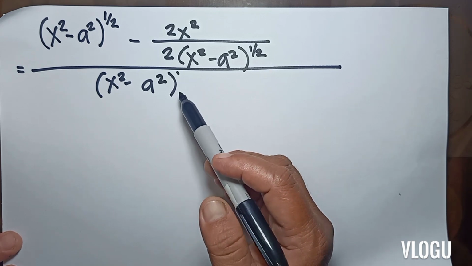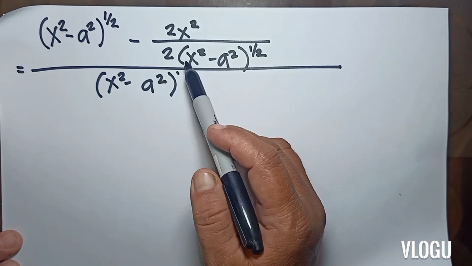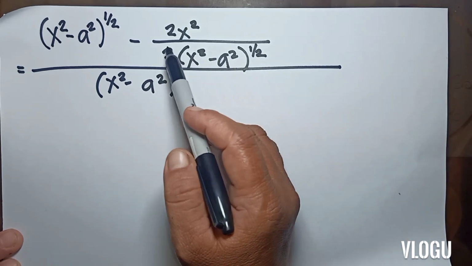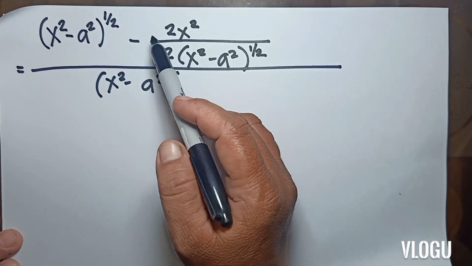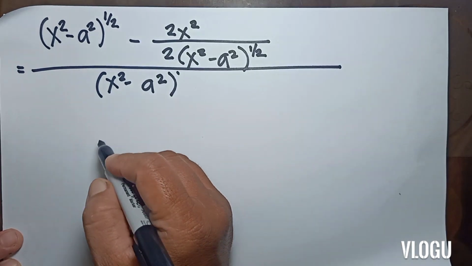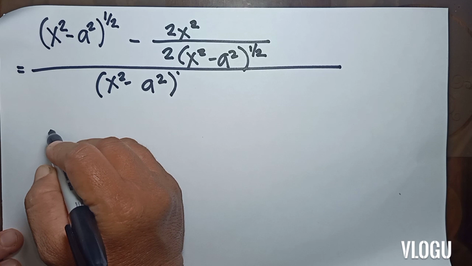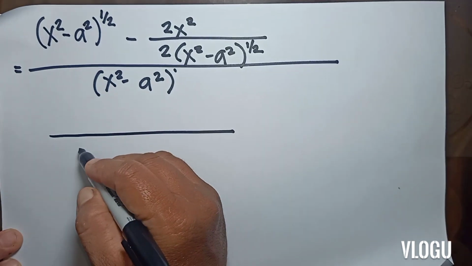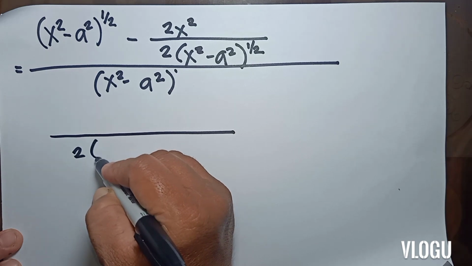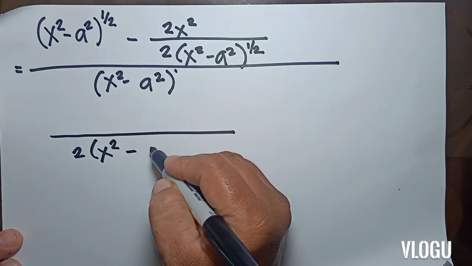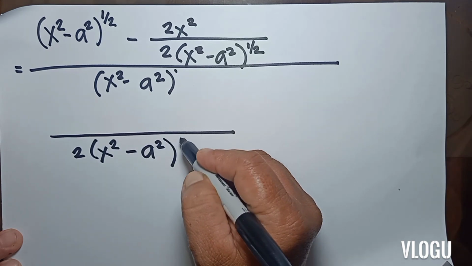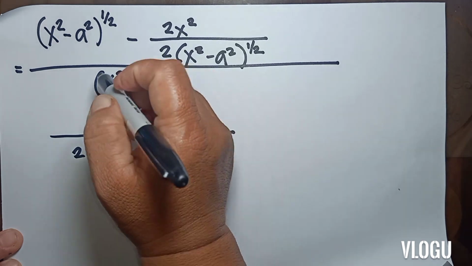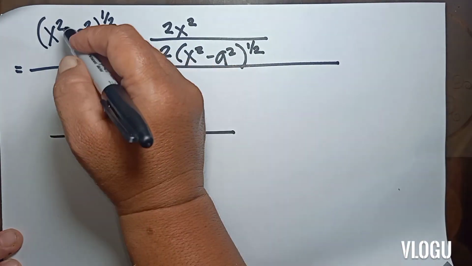Therefore, this one is our LCD in terms of our numerator. The LCD is 2 times x squared minus a squared raised to 1/2, times that one.